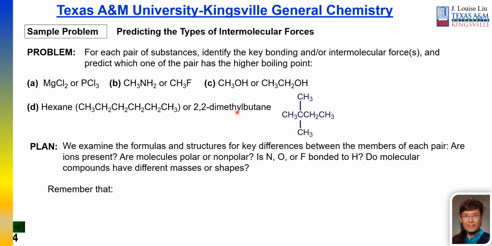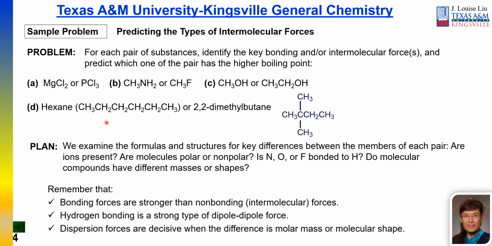What's our plan? Our plan will be, point 1, you are going to examine the formulas and the structures to find the major differences. For example, in this group A, you have an ionic compound and a covalent compound. So you have different types of bonding forces.